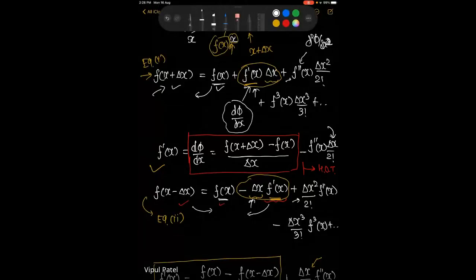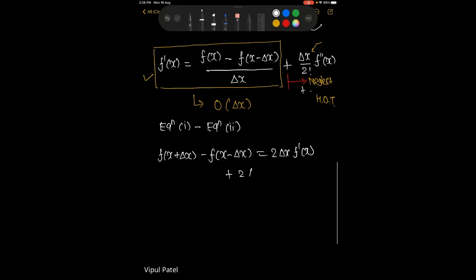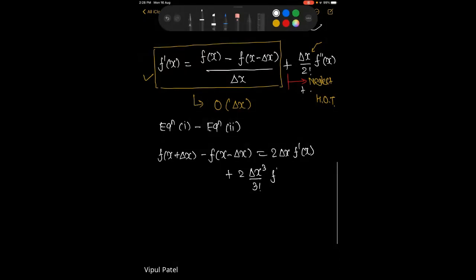But when it comes to the fourth term, these two terms will be added, right? So I can write this equation as 2 times delta x cube by 3 factorial and f triple prime x. Okay, and then obviously you will have some higher order terms which we are not considering for the time being.